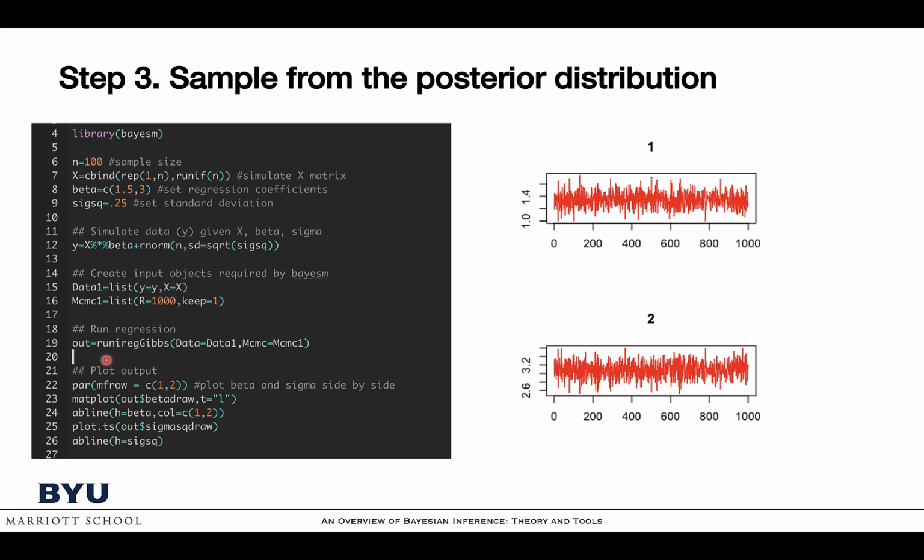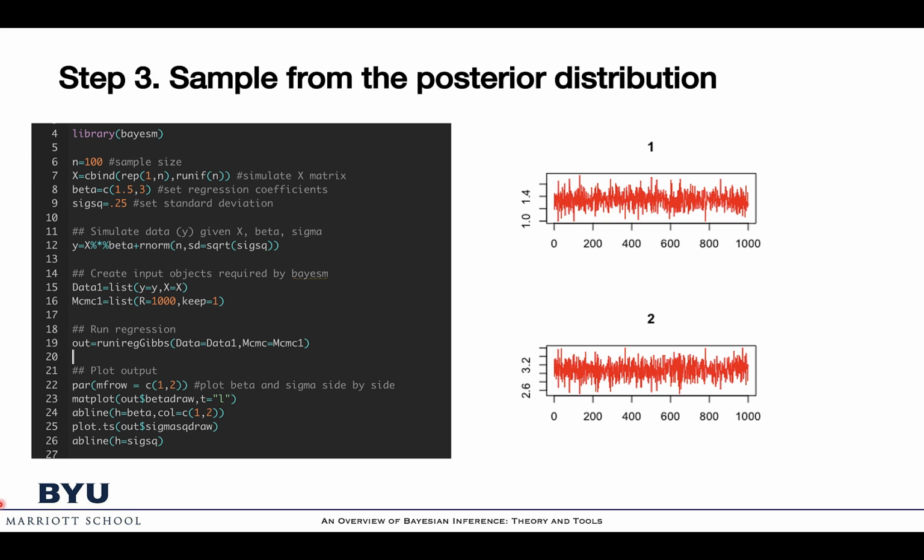I'm using a routine called runiregGibbs for a univariate regression. It uses a Gibbs sampler to draw from the posterior distribution. And reflected here are draws from that posterior distribution. So our model's converged. It's sampling quite nicely.